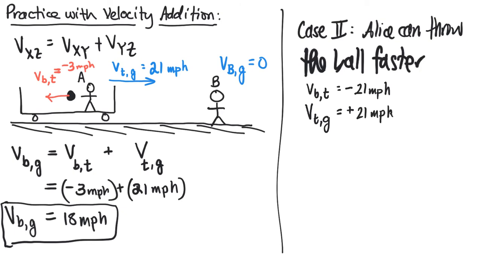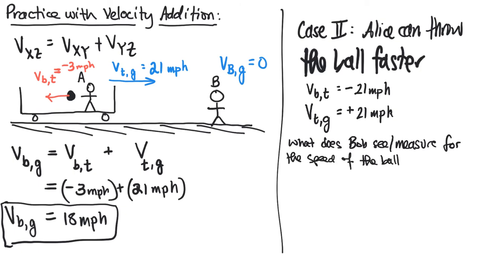And so then we say, well, what does Bob see or measure for the speed of the ball? Okay, well, that is equivalent to saying what is VB relative to the ground, the velocity of the ball relative to the ground.